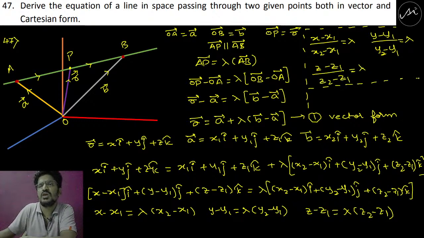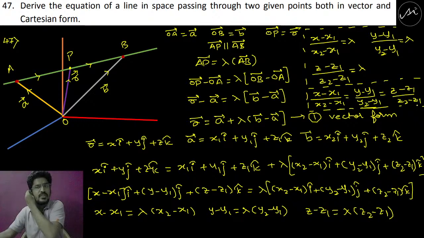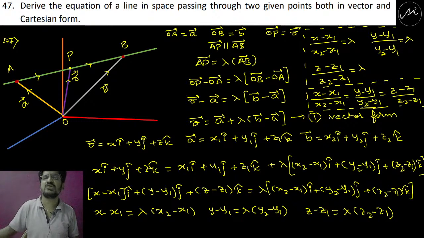So therefore you can conclude your theorem in the Cartesian form as x minus x1 by x2 minus x1 equal to y minus y1 by y2 minus y1 equal to z minus z1 divided by z2 minus z1. Okay, so this is going to be the conclusion of your Cartesian form.